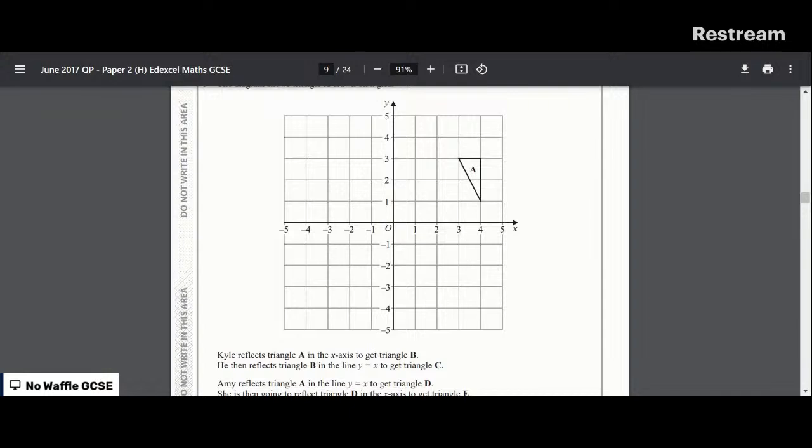So you have to talk about the relationship towards this line. You can see that it is 1, 2, 3, 4 across, and then 1 down, so 1 up. So that's going to be that point there. And then you know it's going to just be that reflected. So that is our triangle C.